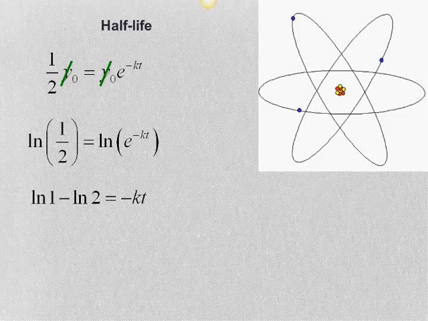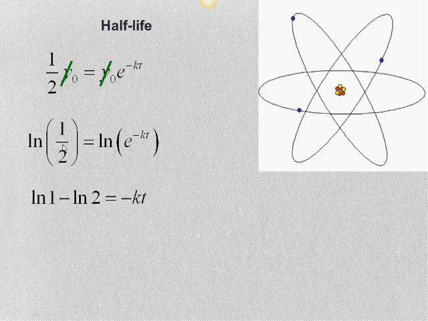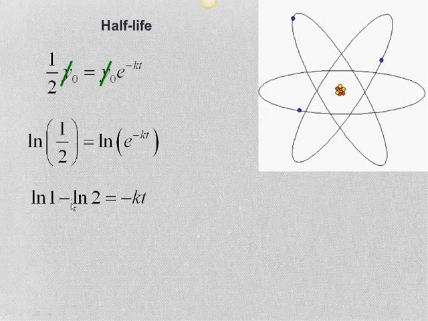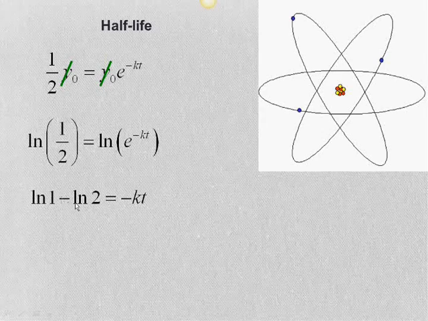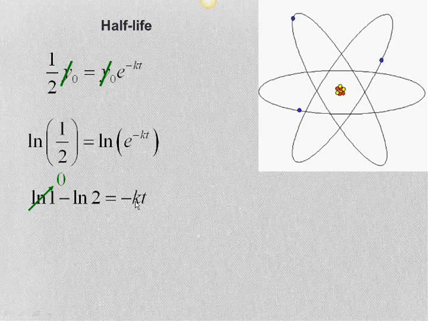Laws of logarithms tell me that if these two items are divided, I can expand them with subtraction. So the natural log of 1 minus the natural log of 2 is then equal to just negative kt. Natural log of 1 is 0. So we have negative natural log of 2 is equal to negative kt.